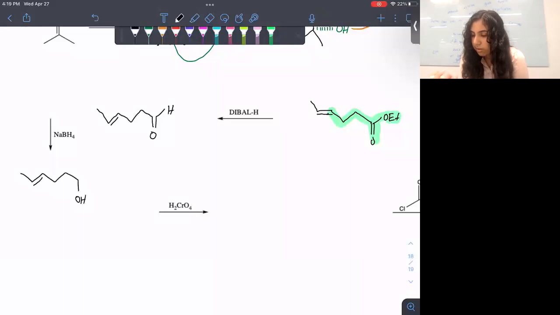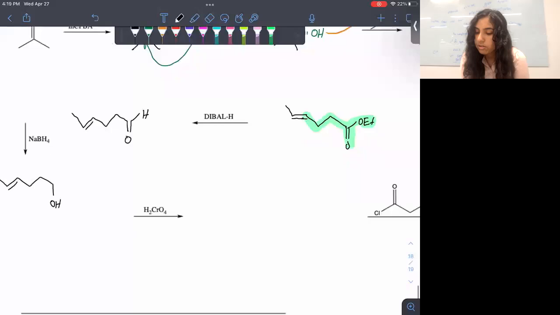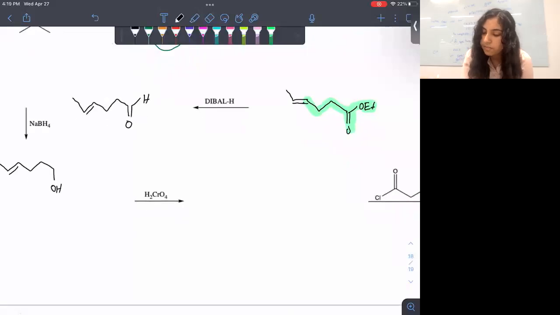So now that we have a primary alcohol, we're giving it H2CrO4, which I believe is Jones oxidation. Anytime you have an oxidizing agent with a lot of oxygens, like H2CrO4 or KMnO4, you know it's going to be a strong oxidizing agent.